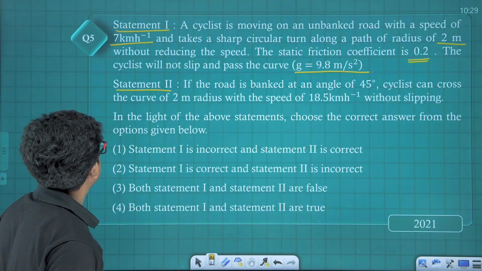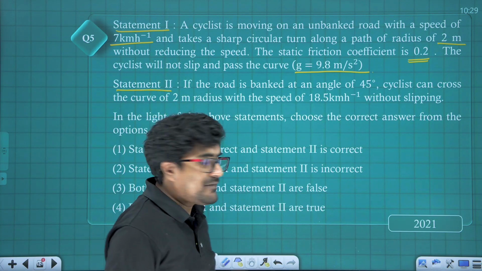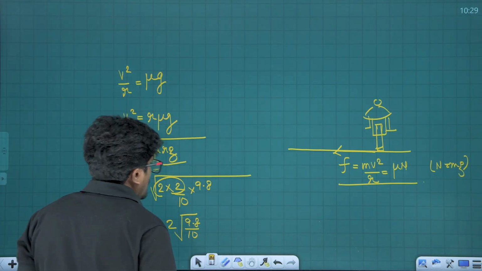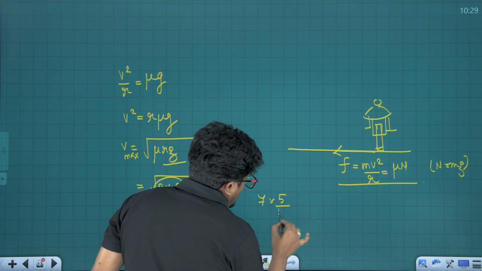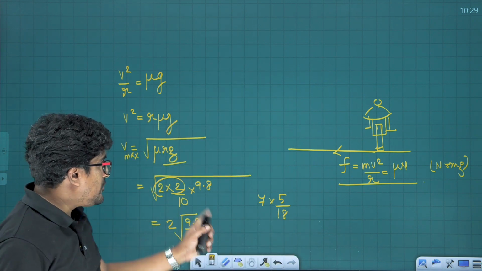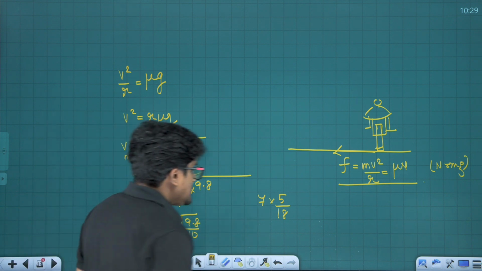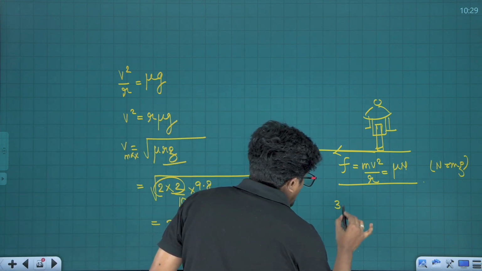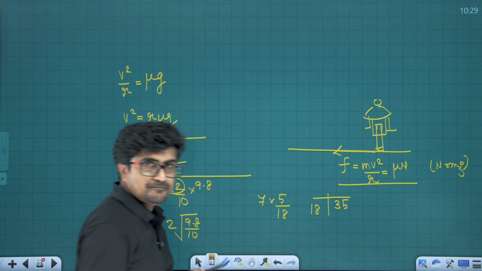Okay. Now what they are saying here is the maximum speed they can have is 7 km per hour. Now just have a look. 7 km per hour, if I convert to meter per second, is 7 into 5 divided by 18, so here this is 35 divided by 18.